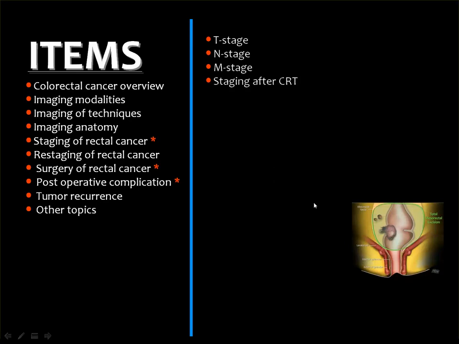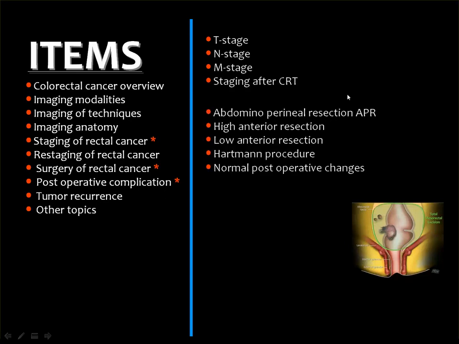Then we'll evaluate the cancer after preoperative chemotherapy or radiotherapy or both. Then we'll have an idea about the surgical procedures now applicable for rectal cancer. Then we'll show the normal post-operative appearance after surgery. Then we'll present the post-operative complications, which are a lot, including the tumor recurrence.